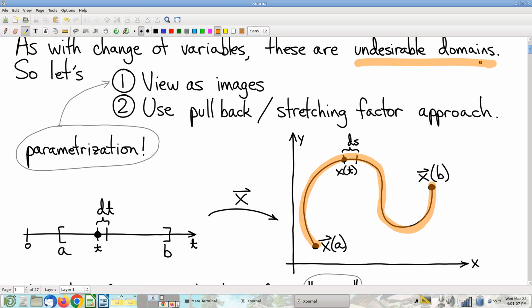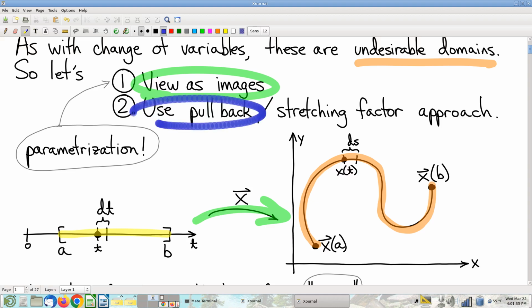What have we done in the past when we have a domain that we don't like? We did this thing called change of variables. And the idea of change of variables is if you can find a way of viewing your domain that you don't like as an image, if you can view it as the output of a different domain that you hopefully like better, then you can do what's called a pullback.